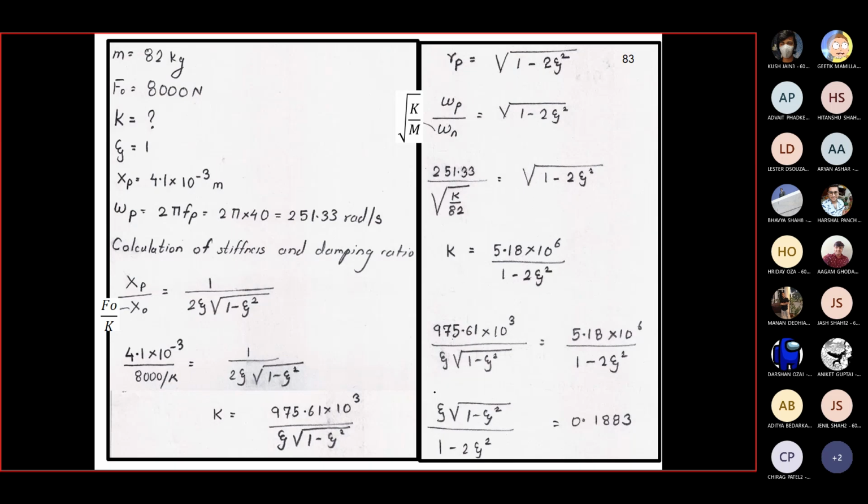Alright, so this is the equation after simplification. That will give you two values of zeta: zeta is equal to 0.984 and zeta is equal to 0.179. So which value will you take?